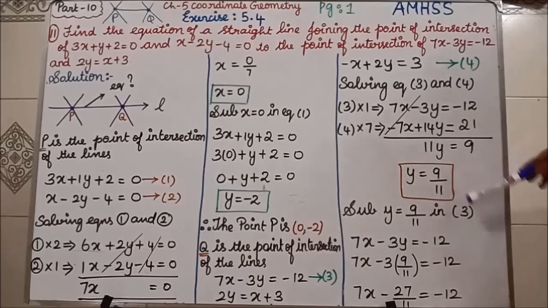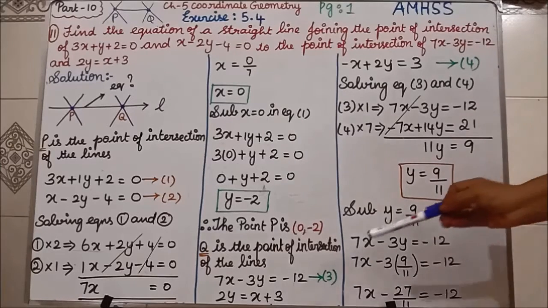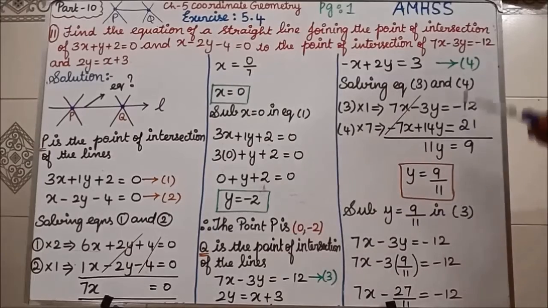After finding the y value, what value do we need? We need the x value. See what we have to do to find the x value? We have to substitute y equal to 9 by 11 in equation 3. Okay, those two equations only we solved, no? So in any one of the two equations, if you substitute, we will get the x value.